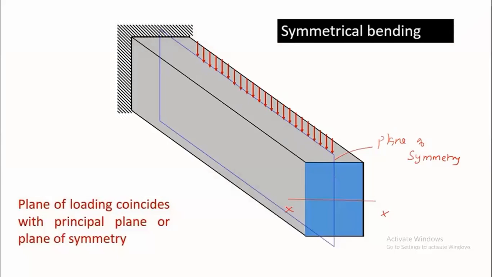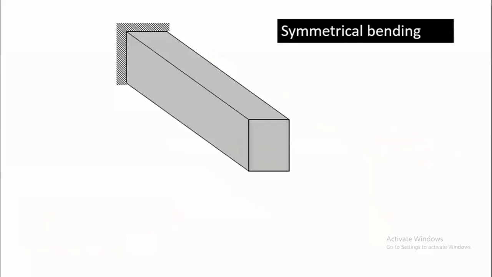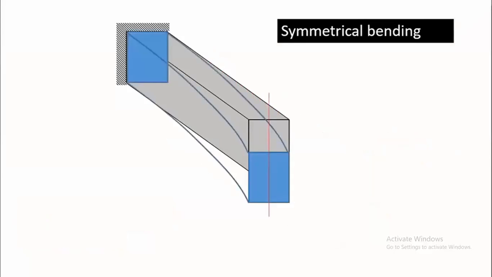Now in this case, if you see this unloaded structure, after loading it is going to deflect like this. Initially you had your x-axis here, and this is the y-axis. Now this is the undeformed structure, and this is the deformed or deflected structure.